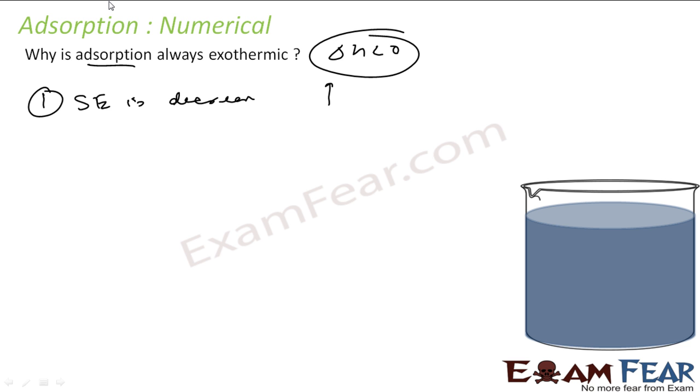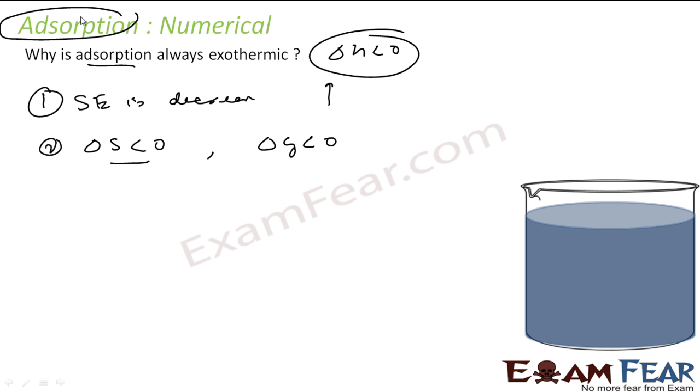The next logic is that the entropy of the system is decreasing, because the movement of the particles is restricted. And since adsorption is happening, delta G is also less than 0, that means it's spontaneous. We're talking about the scenario where the reaction happens.